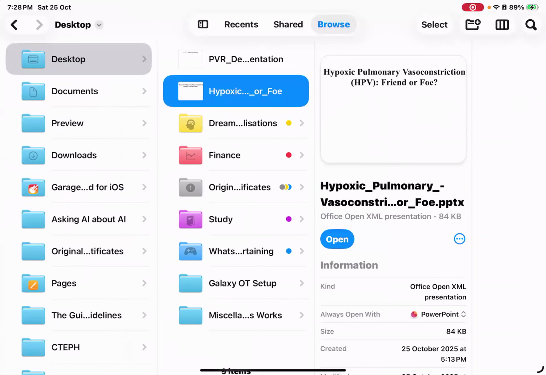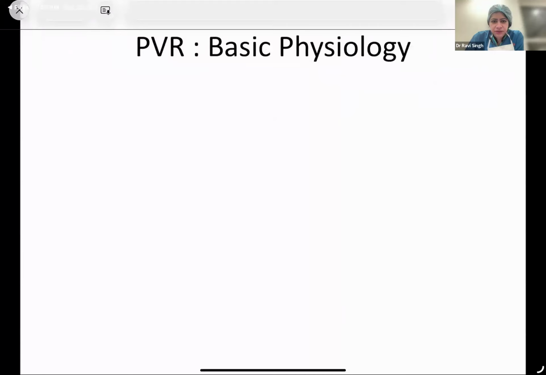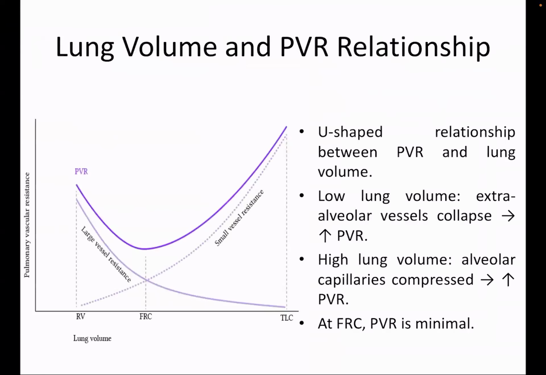The FRC and the relationship between the tidal volumes that we should keep for all the patients? Yes. So as we can see, this is a U-shaped curve where on the x-axis we are plotting the lung volumes, and on the y-axis is the pulmonary vascular resistance.